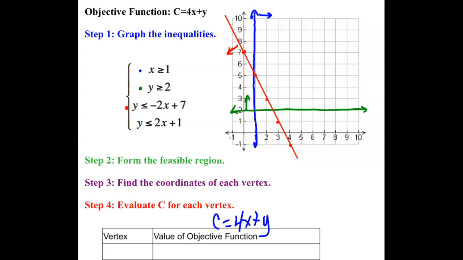Our last constraint, we are starting at 1 on the y-axis, and we want a slope of 2. And let's draw the line in.